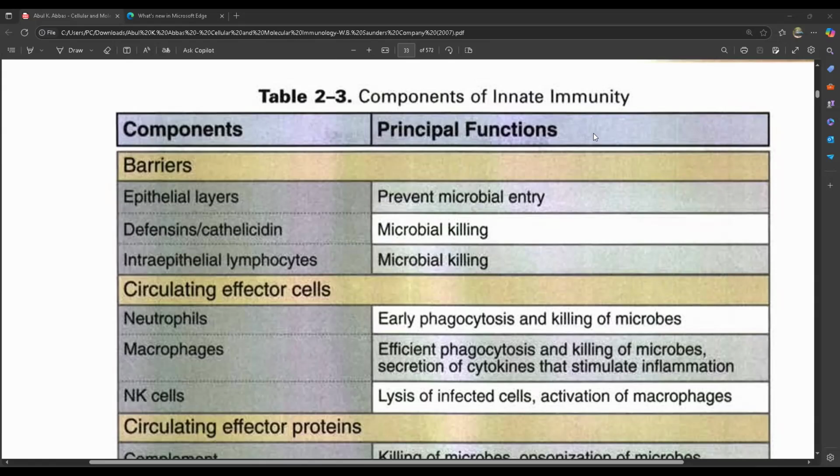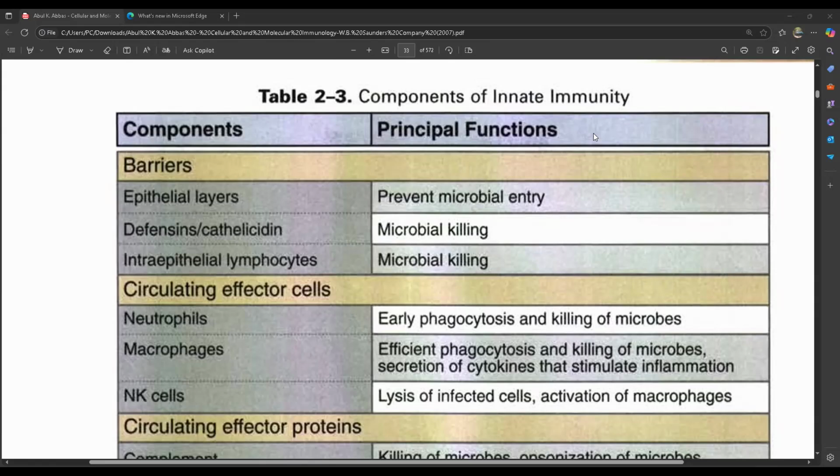So if we encounter the word non-specific immunity, it means innate immunity, and specific immunity or acquired immunity or adaptive immunity means this adaptive immunity, that is specific immunity.